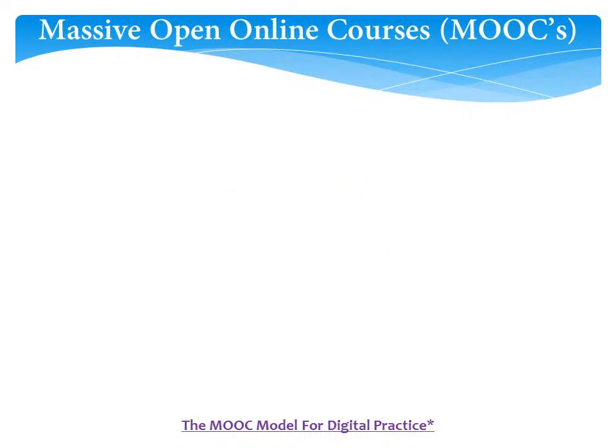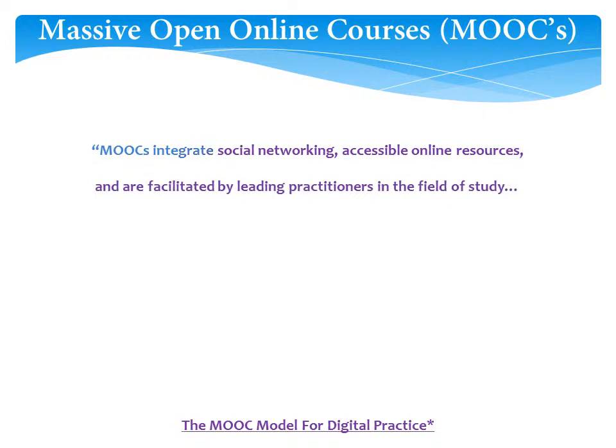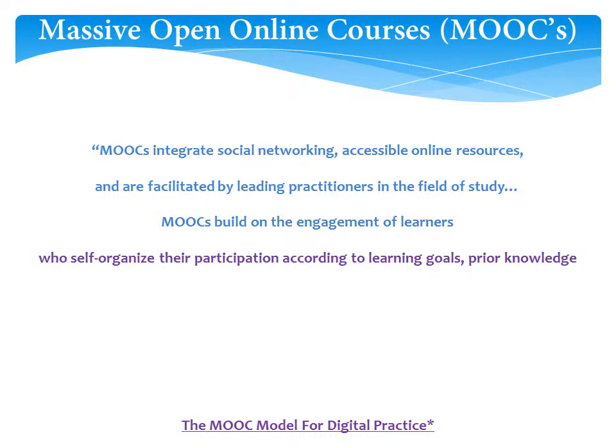The authors go on to state that MOOCs integrate social networking, accessible online resources, and are facilitated by leading practitioners in the field of study. Most significantly, MOOCs build on the engagement of learners who self-organize their participation according to learning goals, prior knowledge and skills, and common interests.